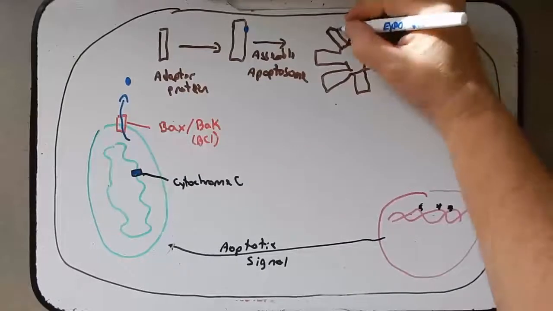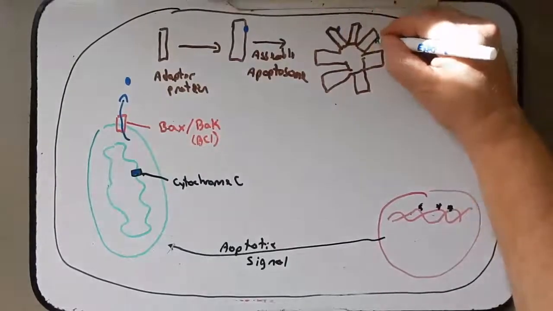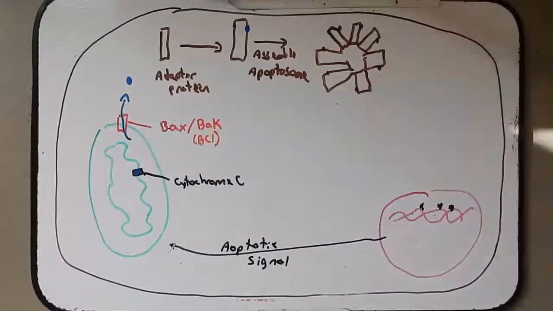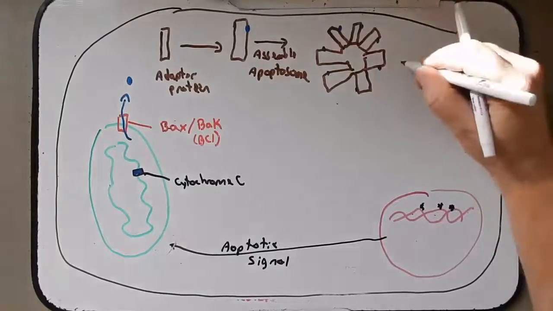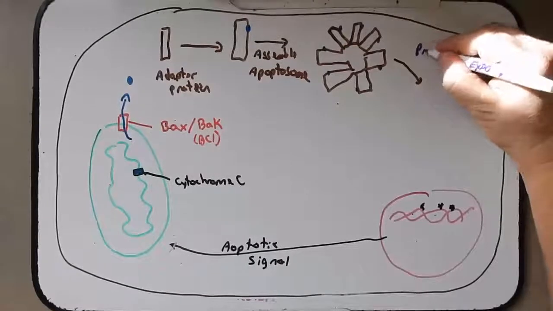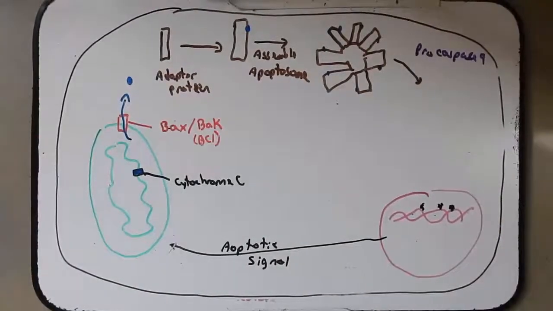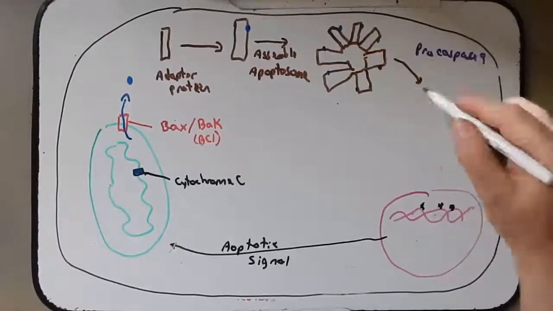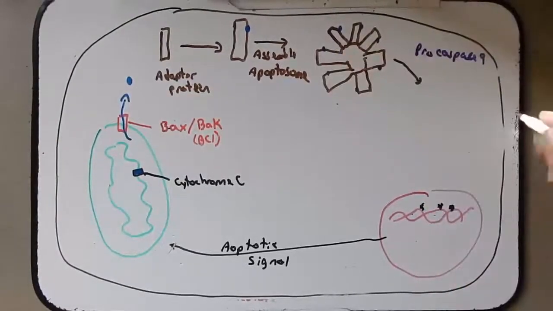And they can only form when cytochrome C is bound to the individual adapter proteins. Next, what happens is procaspase 9 comes in. This is an initiator caspase, and it will bind to these adapter proteins in this apoptosome.